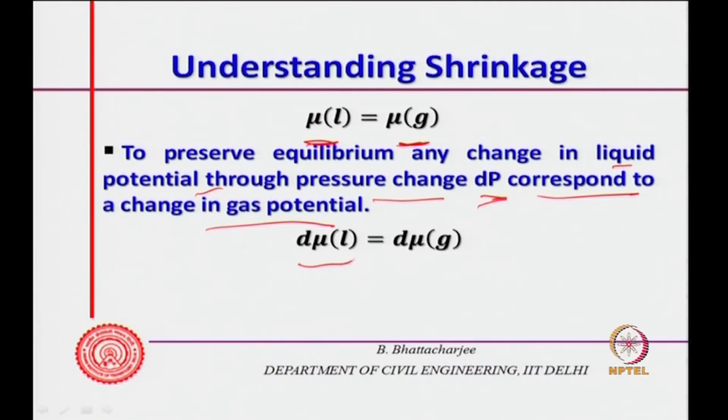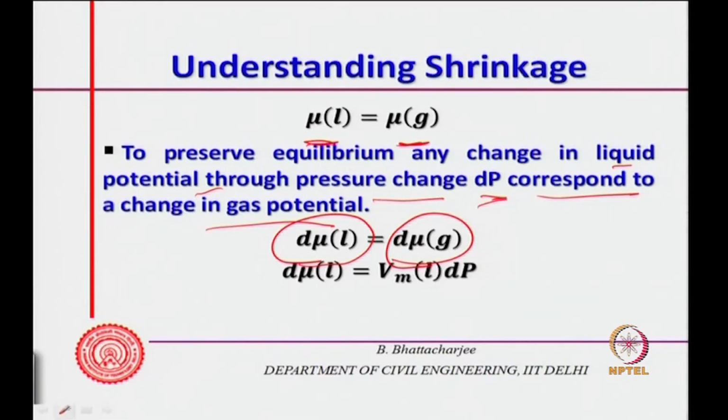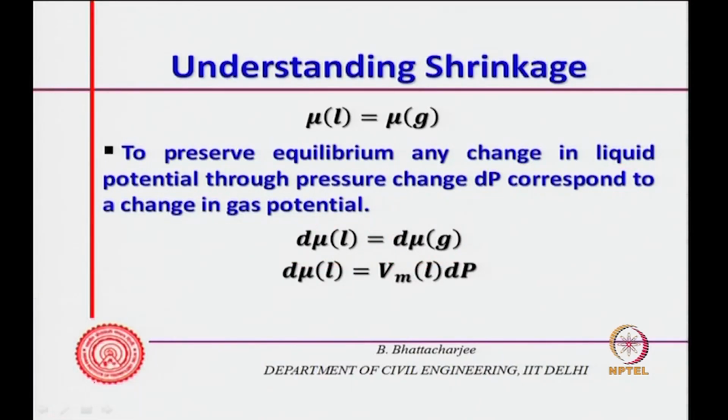So, therefore, d mu L, the differential of mu L, must equal d mu G, where mu L and mu G are the chemical potentials of liquid and gas. Now, one can write d mu L as V m L, the molar volume of the liquid, into dP, because the molar volume is not changing.